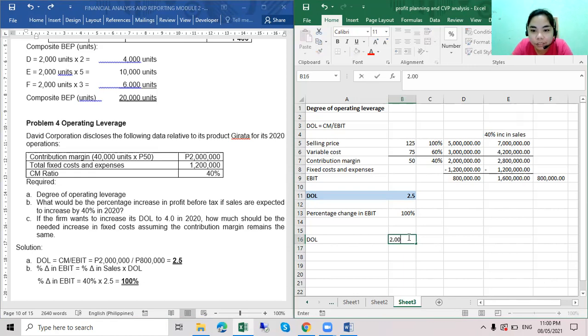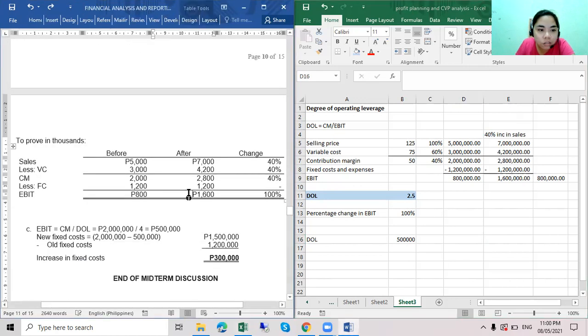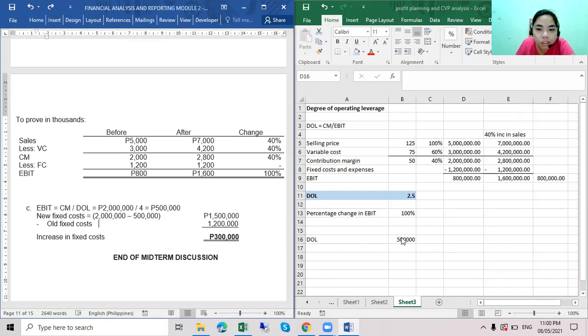You can do mental math: 2 million divided by 4 is 500,000. So your EBIT will become 500,000.